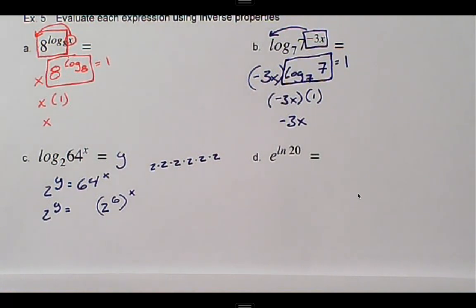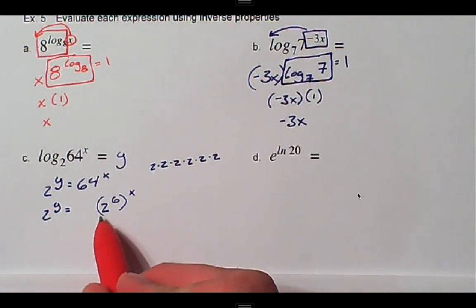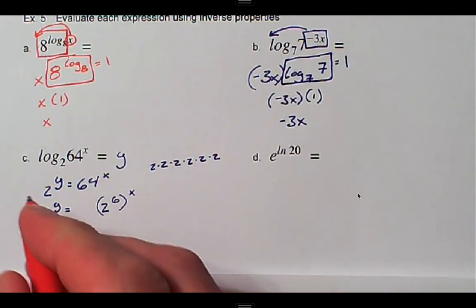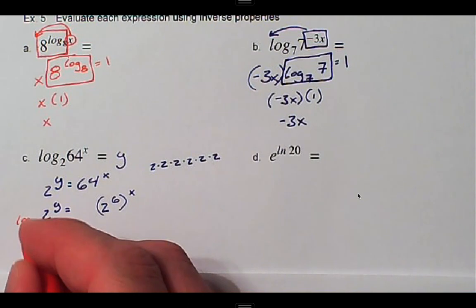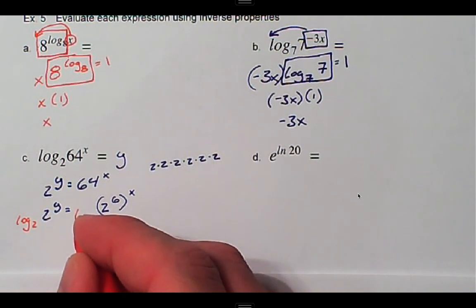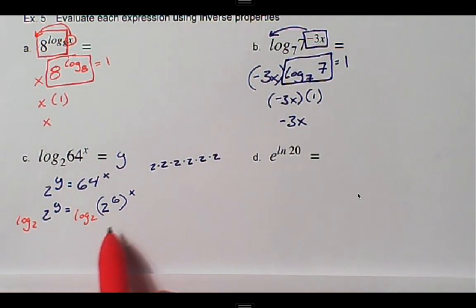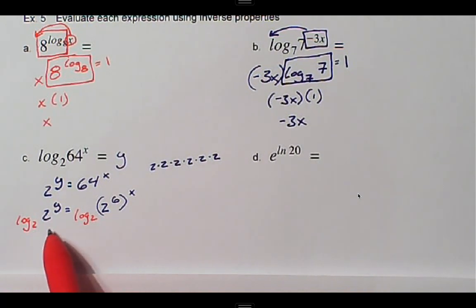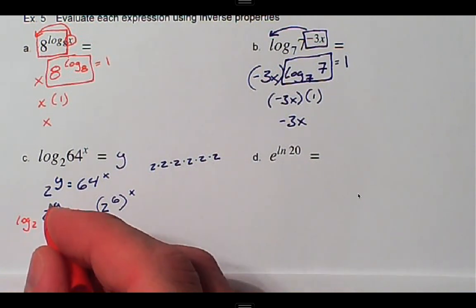And now, because we have the same base on both sides, I can take the log base 2. I can do the log of any base: I can take the log of 3, I can take the log of 10, I could take the natural log. The reason that we took the base 2 is because there's a log rule that if we have the log base 2 of 2, that's going to be equal to 1.